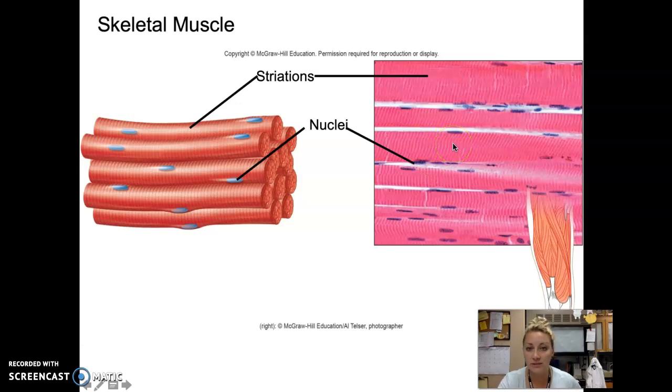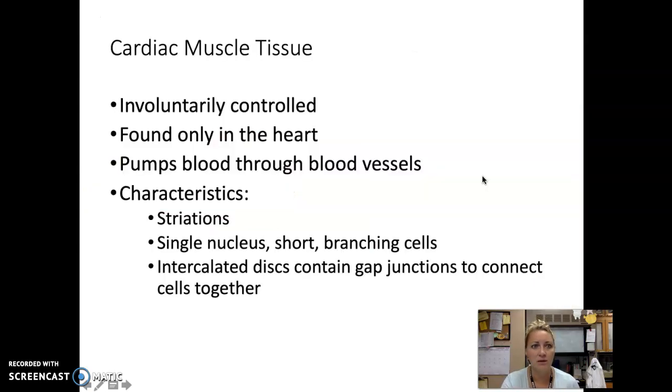It's going to look really similar to cardiac muscle because cardiac muscle also has striations, but we're going to see in cardiac that there's something separate that makes them appear different. But for this one, we'll see that we have the striations going perpendicular to these long spaces in between individual fibers.